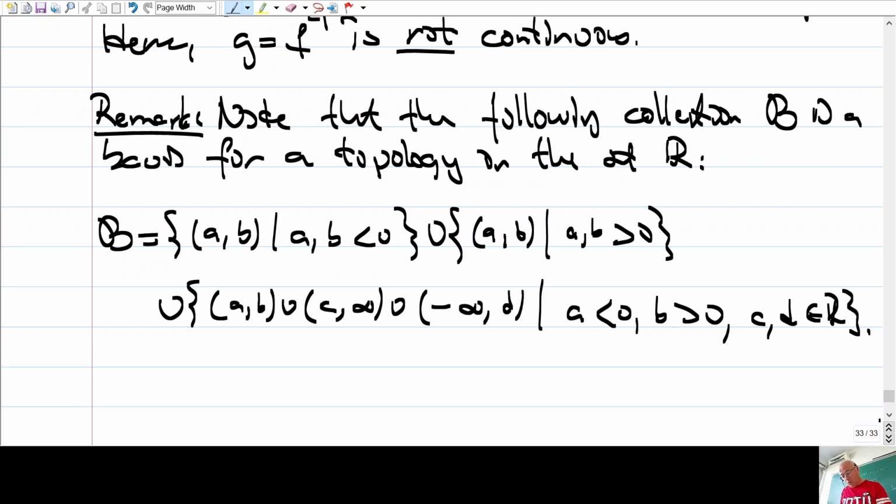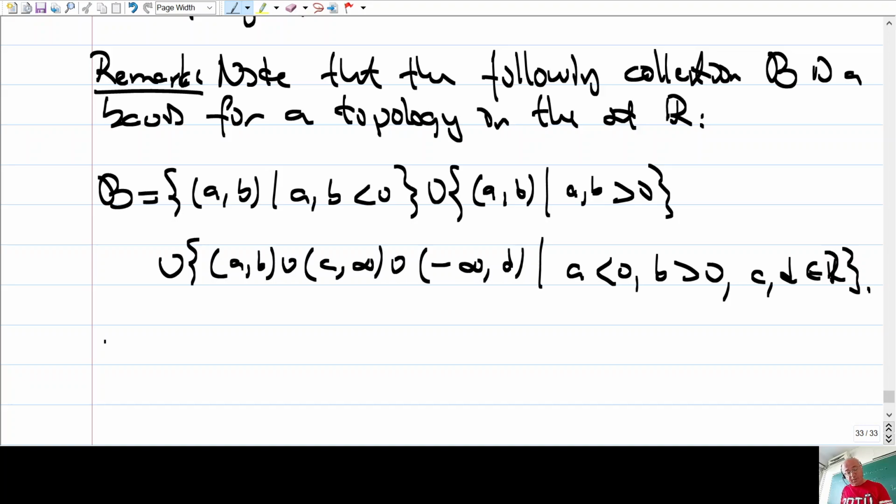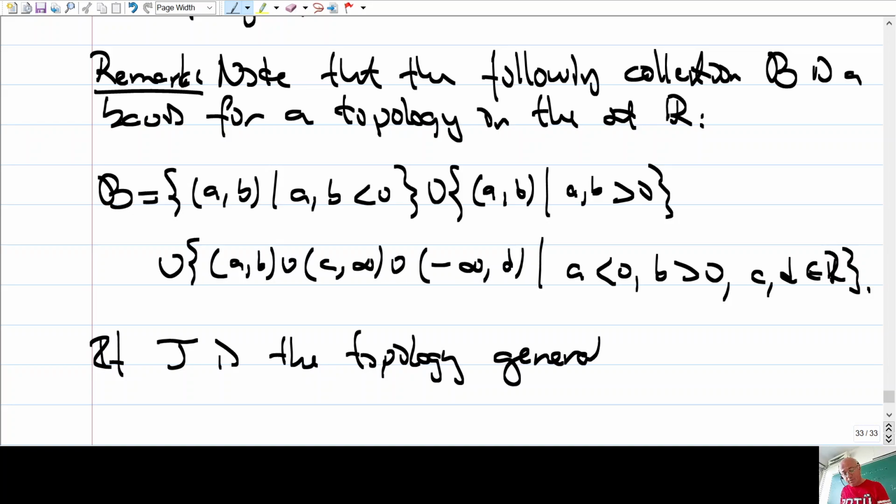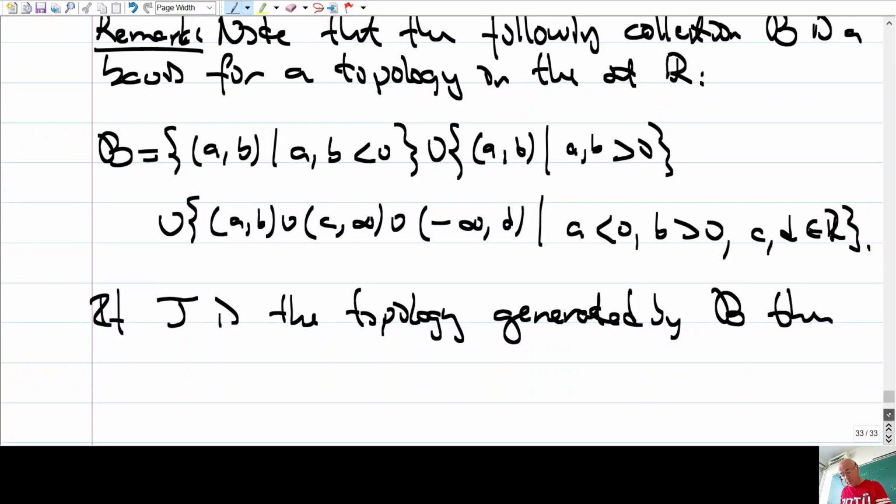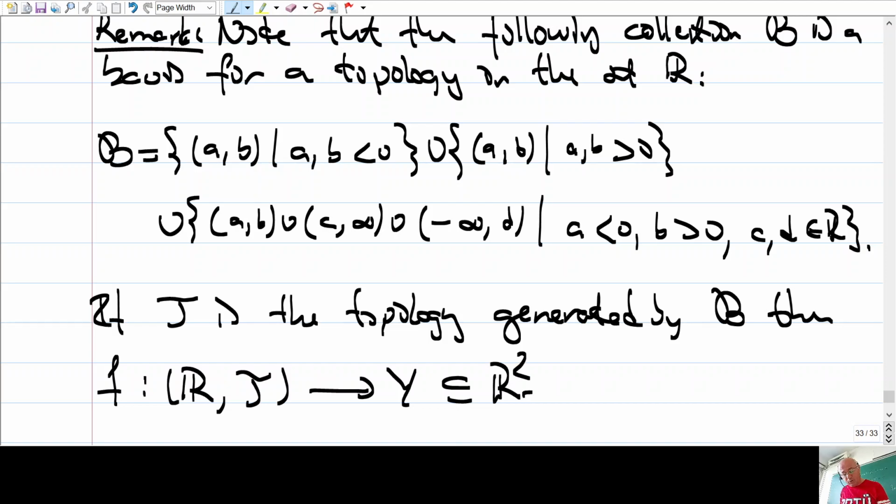And with this topology generated by this gadget, if let's say tau is the topology generated by this basis, then f from R with this topology into figure 8 as a subspace of R2 standard is a homeomorphism.